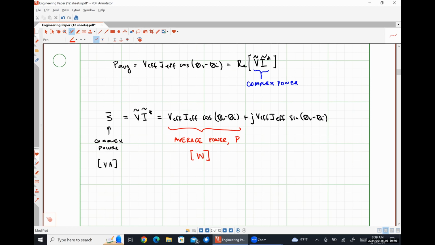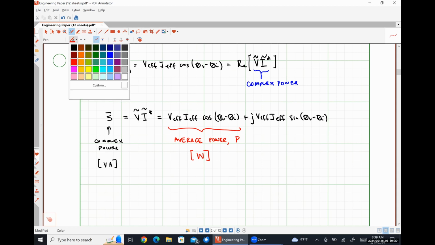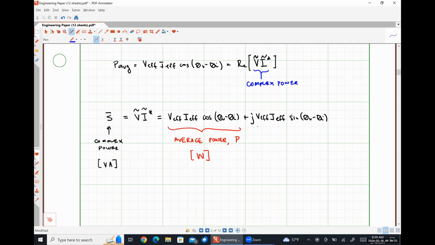So effectively, the average power is just the part of the complex power that gets converted to heat. That's all the average power is. The part over here on the right is what's called the reactive power.